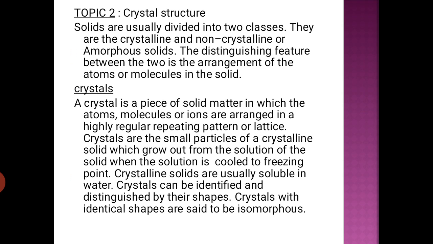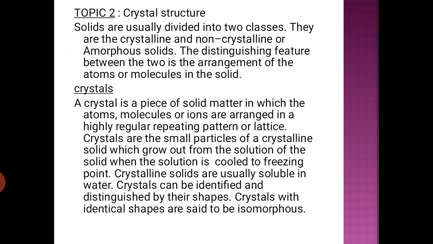So let it be clear to you that solids are divided into two classes, crystalline and the non-crystalline, which you can call amorphous solid. So we proceed. We pick them one by one. Crystals. What is this word crystal?